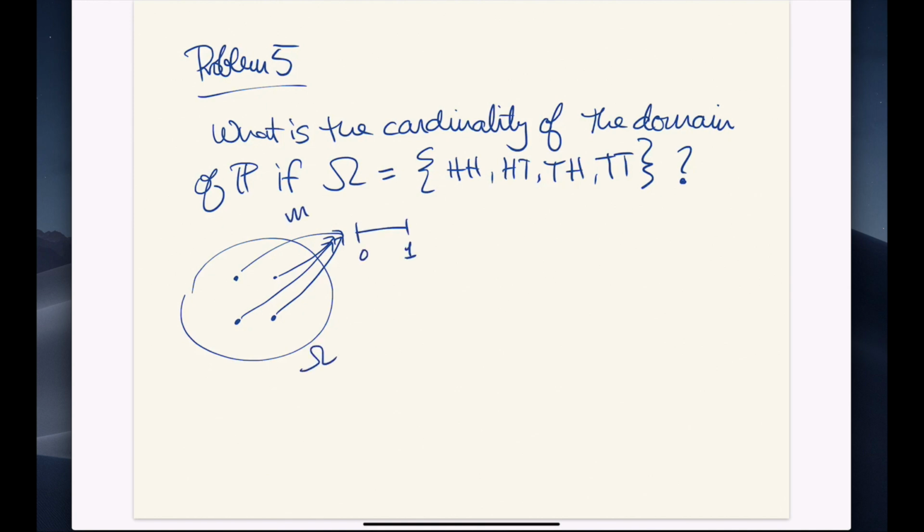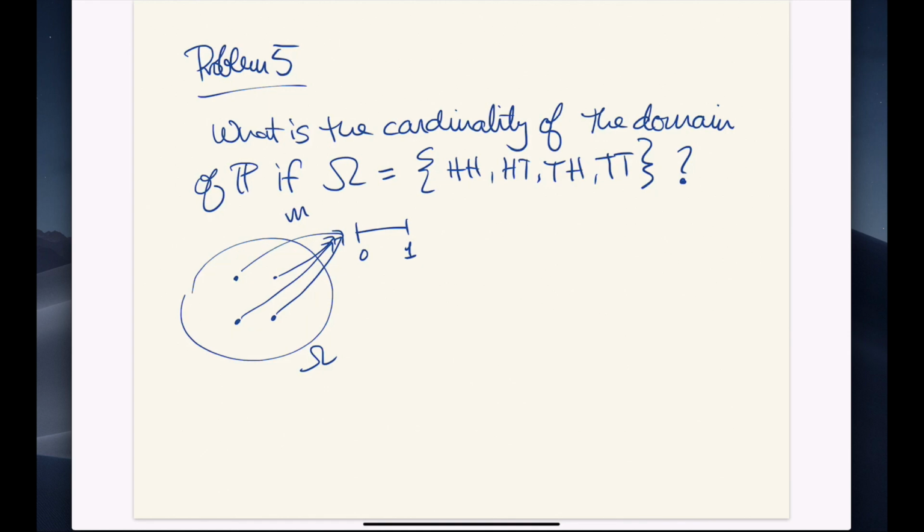However, the probability measure has a larger domain because there are more events than there are outcomes. For example, there are these 4 singleton events. There are also events which contain 2 outcomes. There are events which contain 3 outcomes, events which contain no outcomes, and one event which contains all the outcomes.